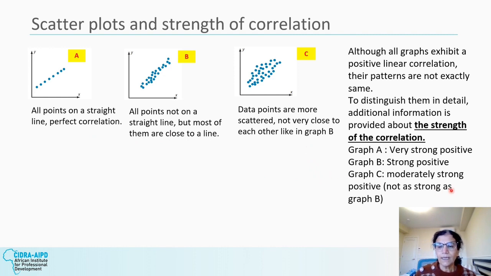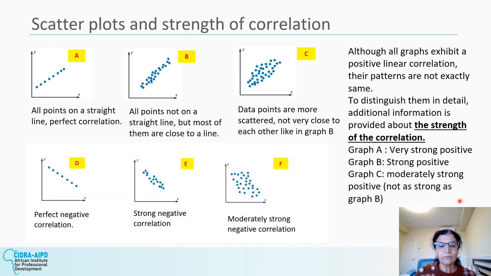We are saying that it is moderately strong because the points are close to each other but not very close to each other like previous two examples. We can see similar pattern in the negative correlation as well. This is perfect negative. It's a downward line. All points are on the same line. This is strong negative.